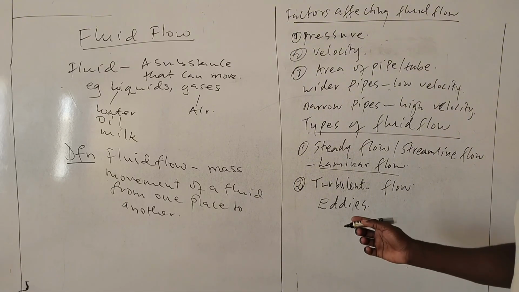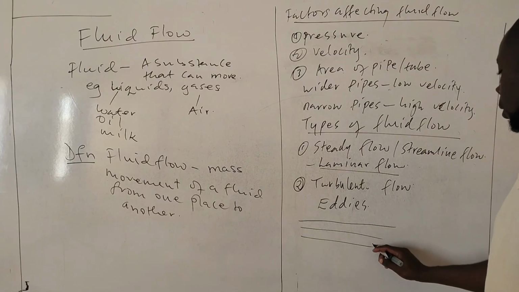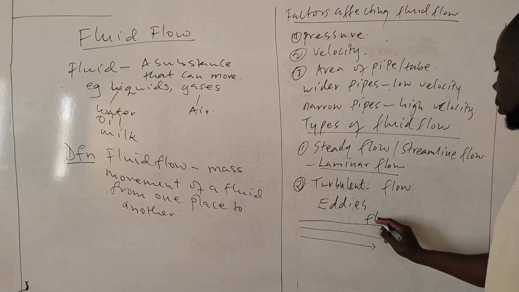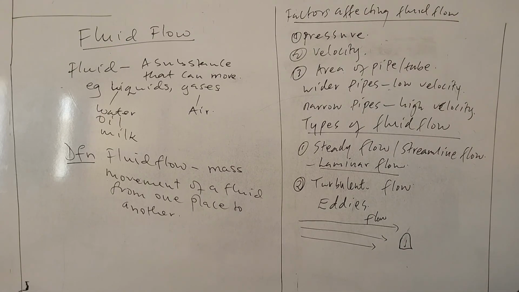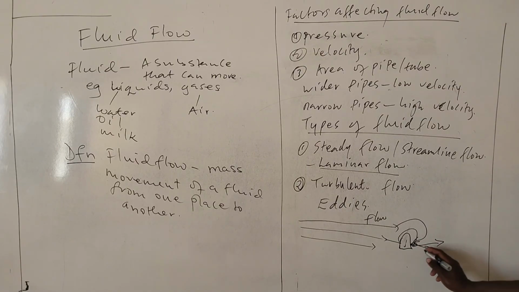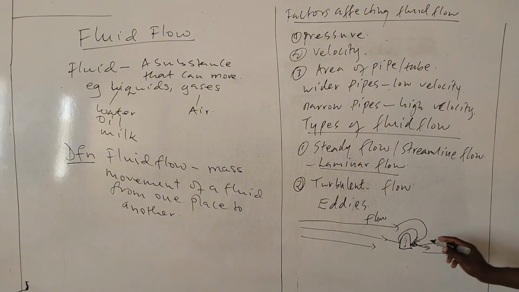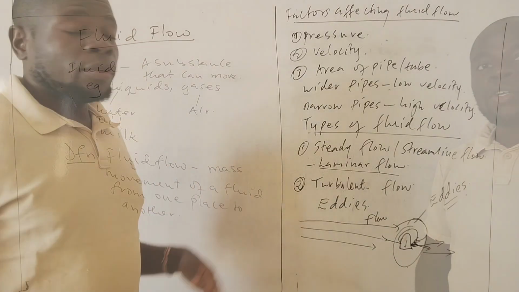For example, if you take a streamline flow or a laminar flow, then you put an object in the way of that flow, this water will be coming like this, then it goes. So we have a point where it is going this way, and then others are going this way. So at this point, eddies are formed.